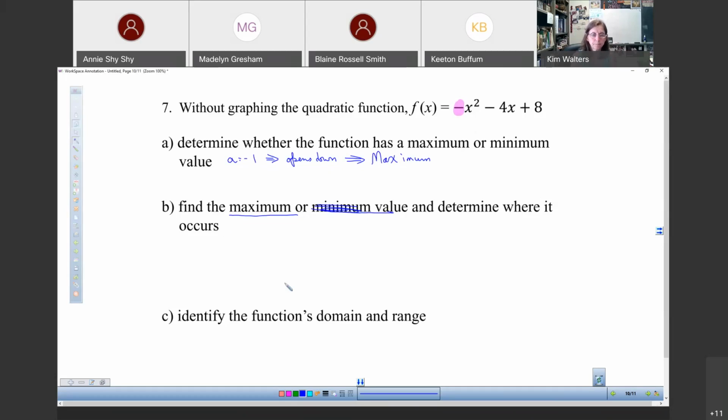Think about what I need to find to determine the maximum or minimum. Okay, excellent. You have to find the vertex.